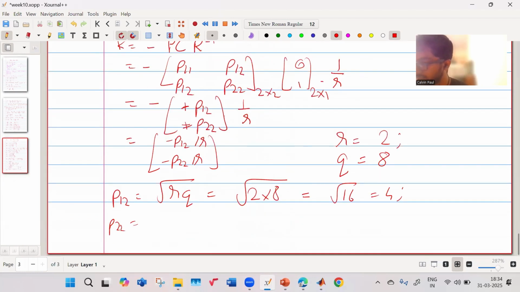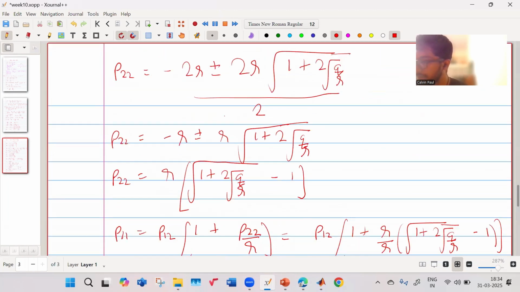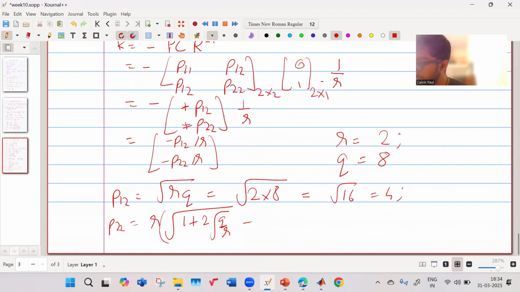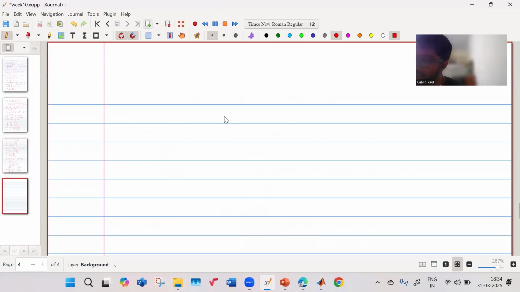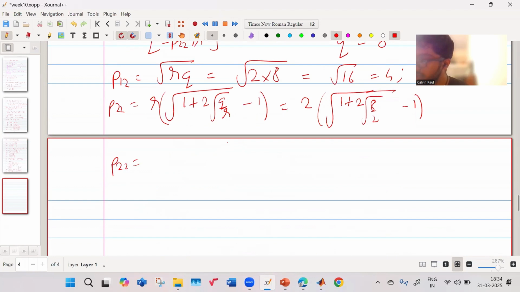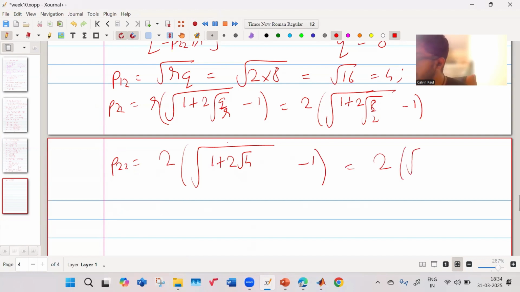So with R equal to 2 and Q upon R equal to 8 upon 2, P22 is equal to 2 into square root of 1 plus 2 square root of 4, minus 1, which is 2 square root of 1 plus 4 minus 1. So P22 is 2 into square root of 5 minus 1.